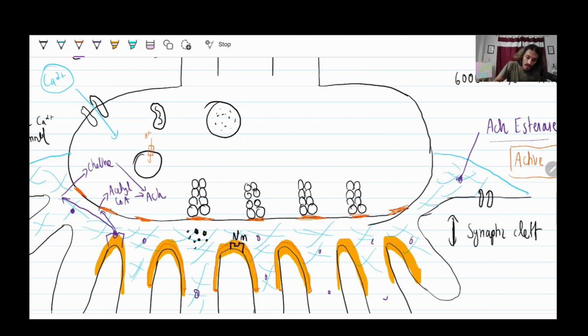Because there is another exchanger over here which takes H plus outside and in turn takes the acetylcholine inside. So this V type H plus pump is important in order to maintain the gradient for the exchanger to take acetylcholine back inside.